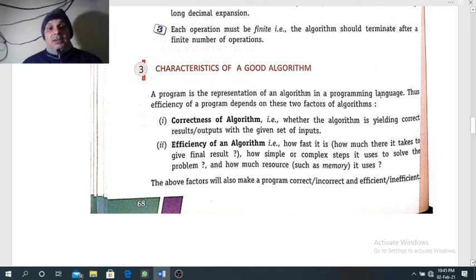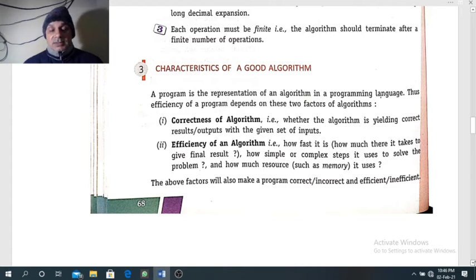A program is written in a certain programming language. To tell the computer what to do, how to do, and when to do, we should instruct the computer, and instructions should be given in a language that can be understood by the computer. For that purpose, we are using programming languages. But an algorithm is not a program. Programs are written in a programming language, but an algorithm is common for all programming languages.